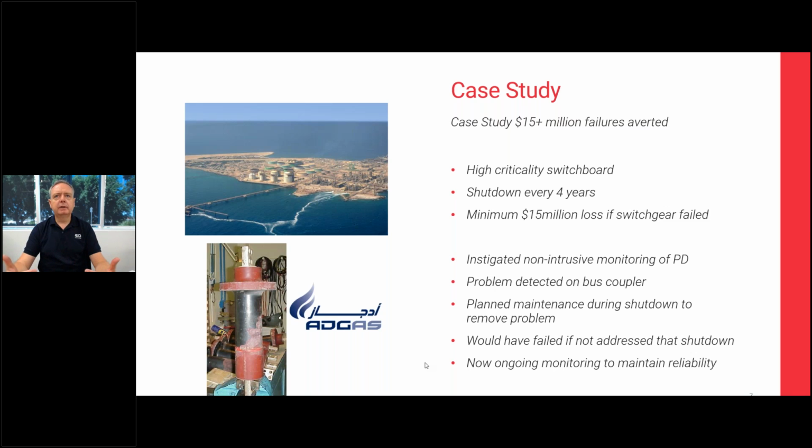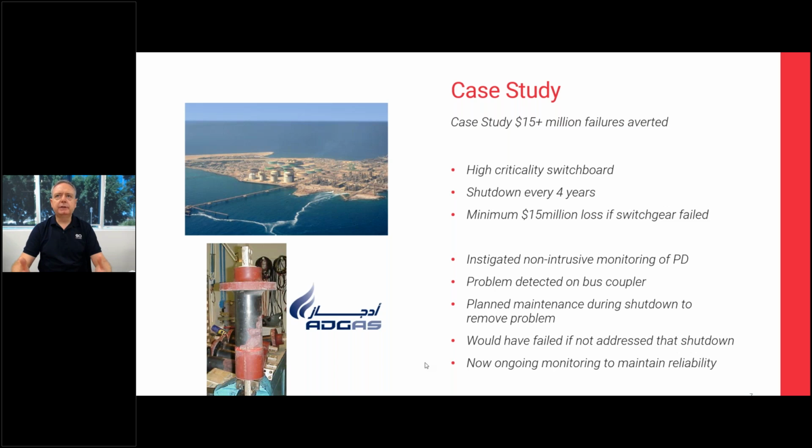It was an 11 kV switchboard, with the whole plant effectively running off that. Now, their shutdowns happened once every 4 years, and in this particular switchboard, if we had a failure in the wrong part of that switchgear, there were calculated losses of a minimum of $15 million.